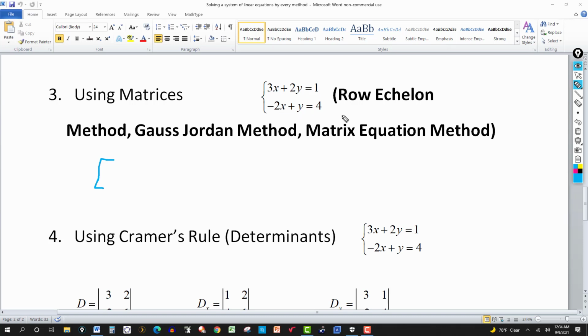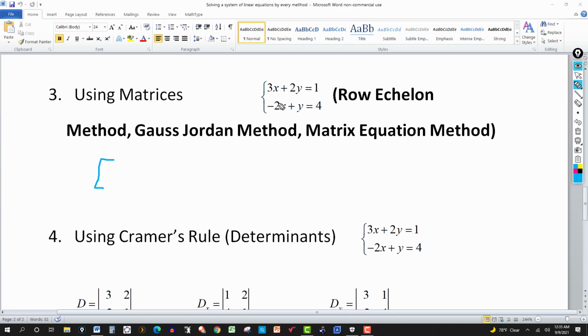Now there's going to be times where you have 3 variables, so x, y, z on each equation. Or you can have some that are missing. Maybe one of them has the x and the y, maybe the other one has just x and z. But you just order them in the appropriate way. And if there's any fractions involved, just clear the fractions.